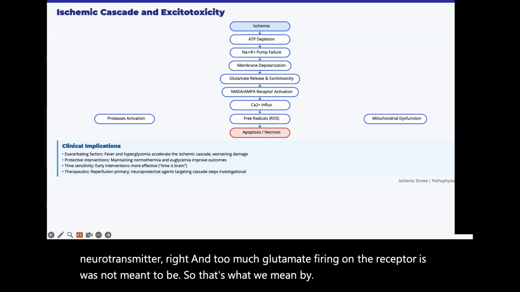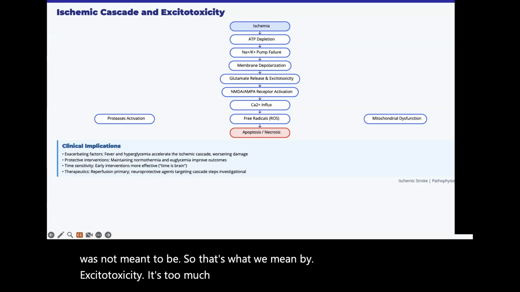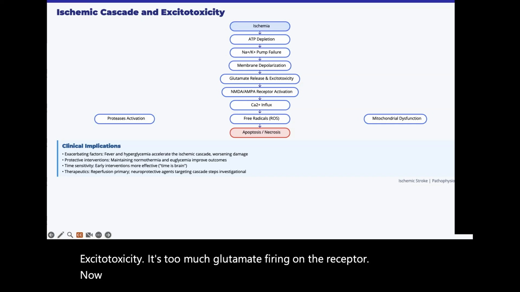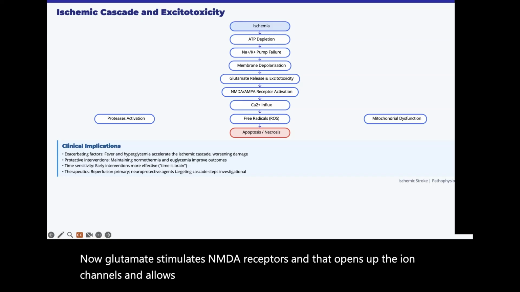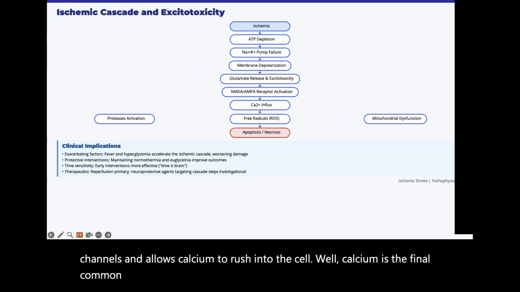It's too much glutamate firing on the receptor. Now, glutamate stimulates NMDA receptors, and that opens up the ion channels and allows calcium to rush into the cell. Well, calcium is the final common pathway of neuronal injury.